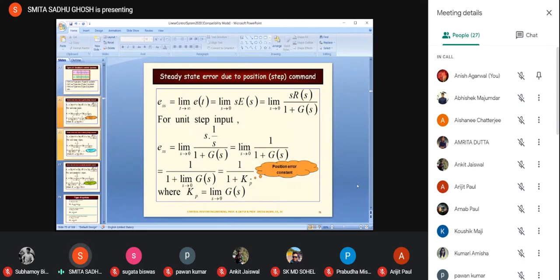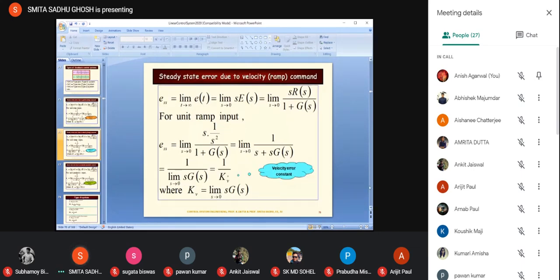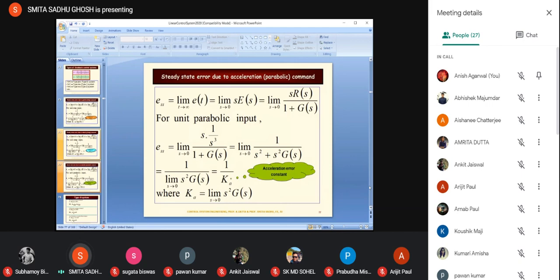Similarly, I will not extend too far. We would be continuing in the next class because you will also tire out. We would be able to do a similar analysis for a velocity command, that is a ramp command, as well as an acceleration command. So we would be able to see that for type 0, type 1, type 2 systems, the respective error constants can be calculated, and hence the steady state errors can also be calculated.